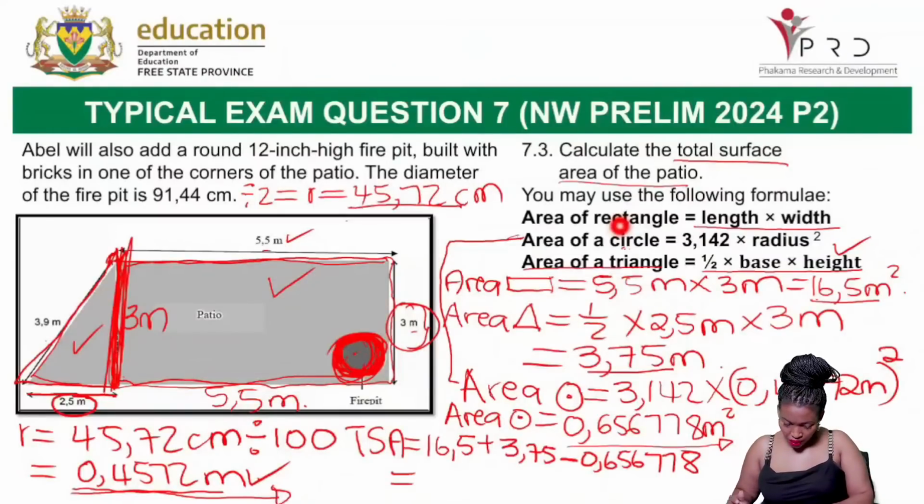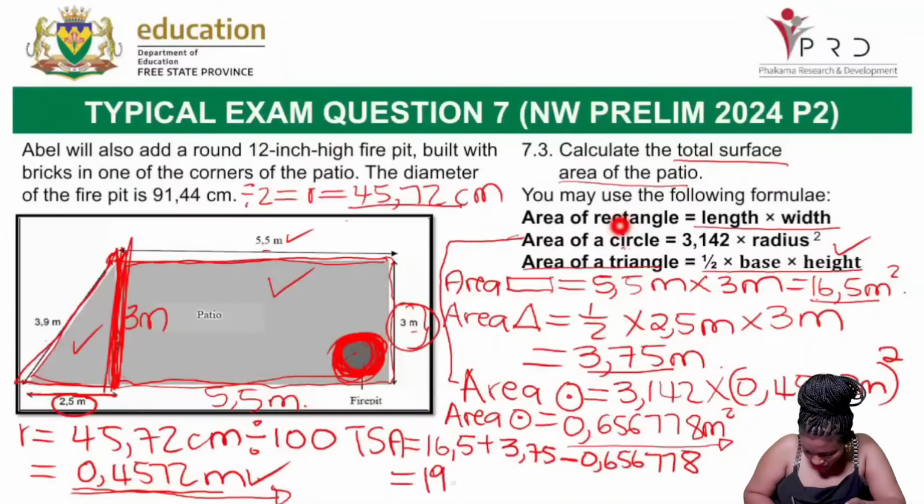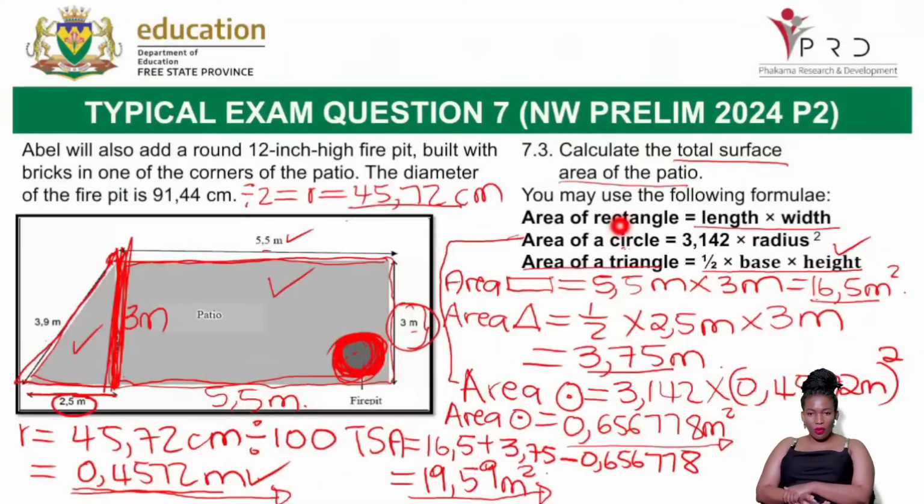We say 16.5 plus 3.75 minus 0.656778. The answer there is 19.59 meter squared. This is the total surface area of the patio.